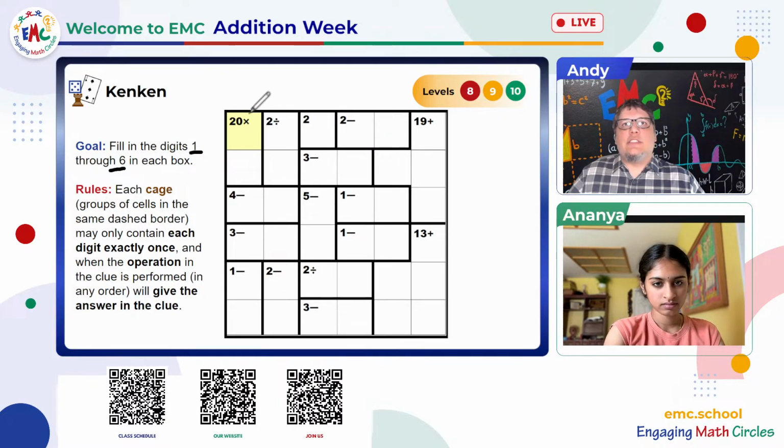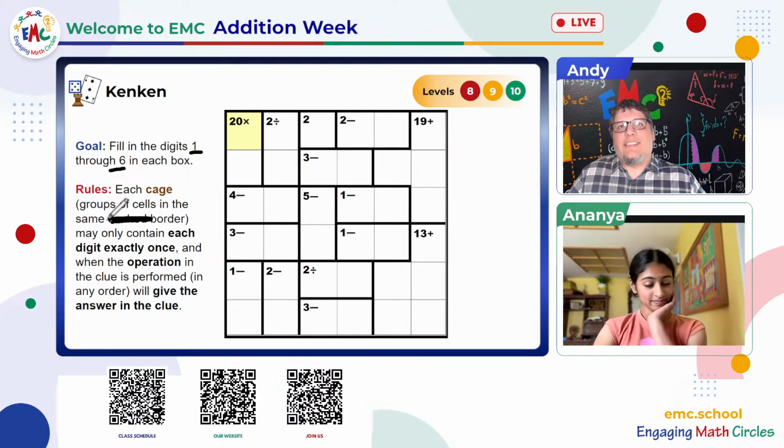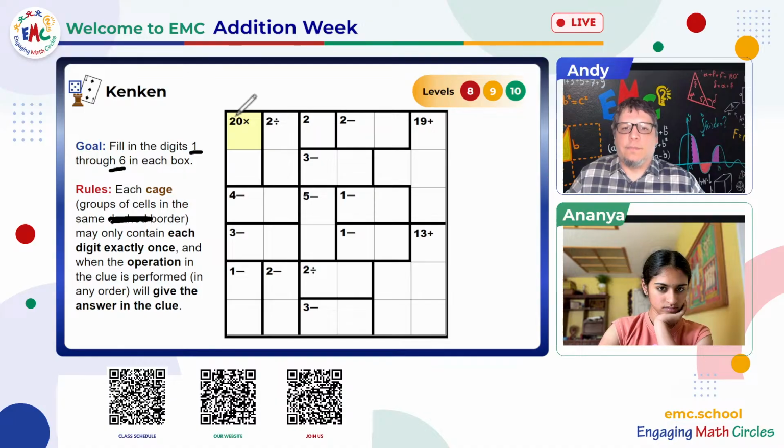And then each cage is a solid line, the thicker line. And each cage, not dash border, solid border, may only contain each digit exactly once. And when the operation is performed on those numbers, you'll get the answer in the clue.